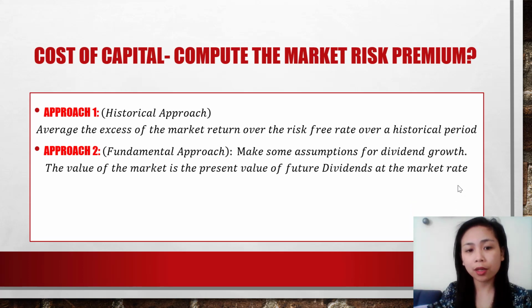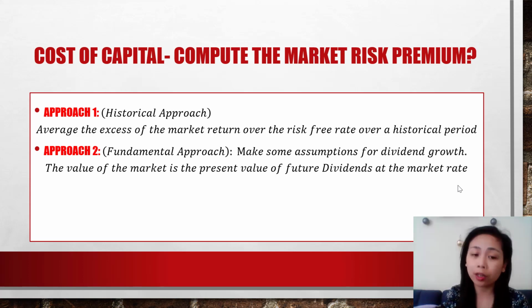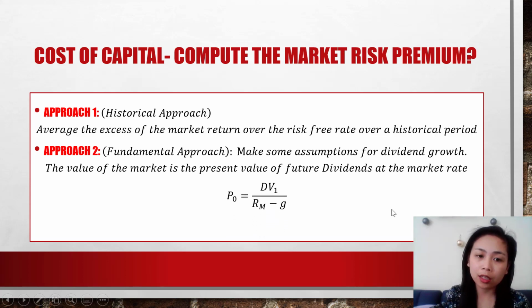The value of the market is the present value of the future dividends at the market rate. Here P0 is the value of the market. It is equal to the dividend over the market return minus the growth at which the dividend is growing.